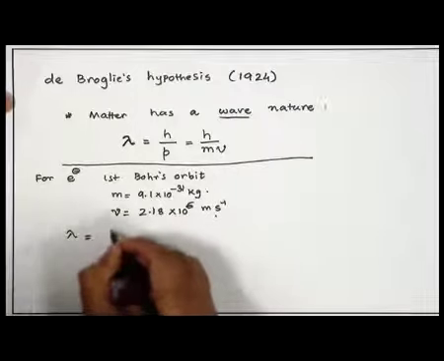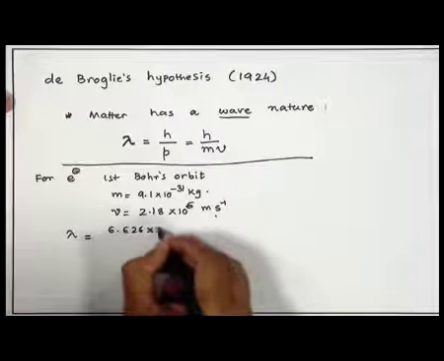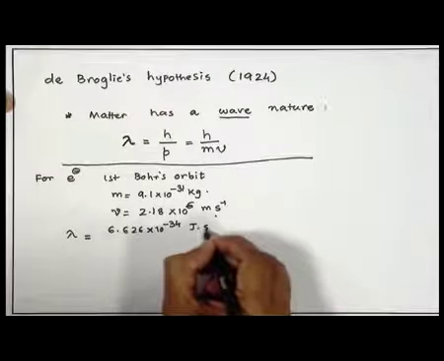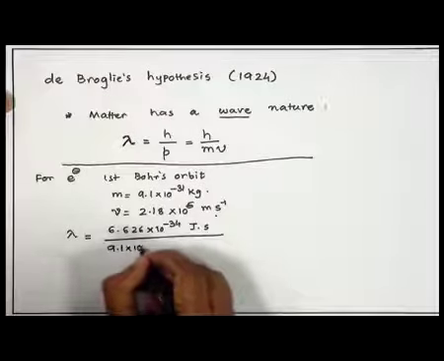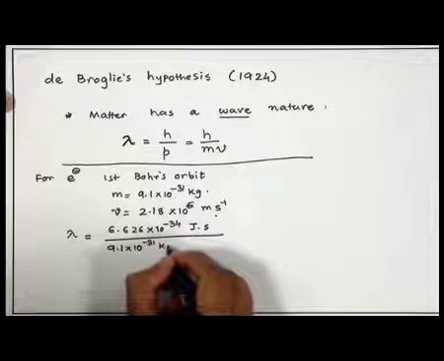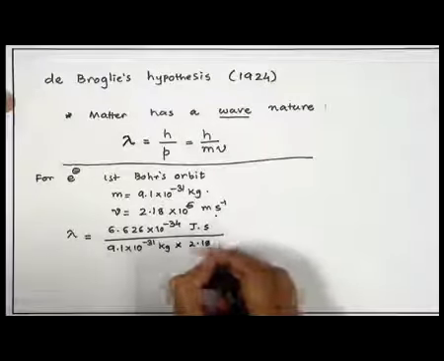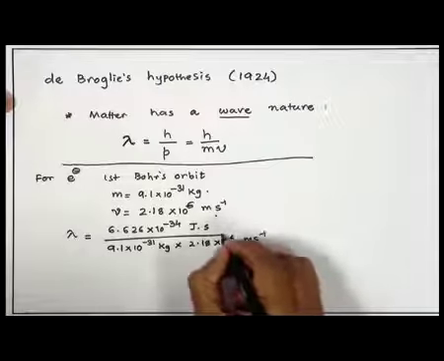So, lambda is given as h by mv. h I know, which is 6.626 × 10^-34 joule second, divided by 9.1 × 10^-31 kilogram, multiplied by 2.18 × 10^6 meter per second.